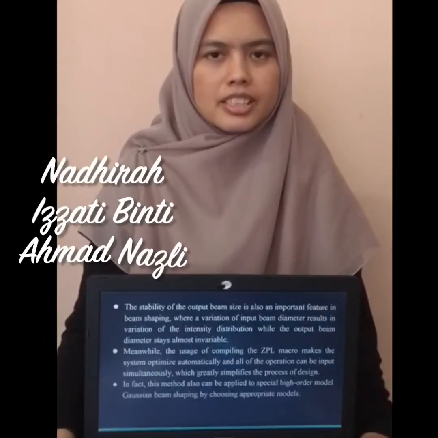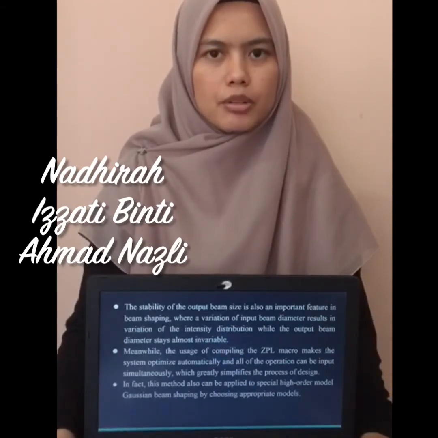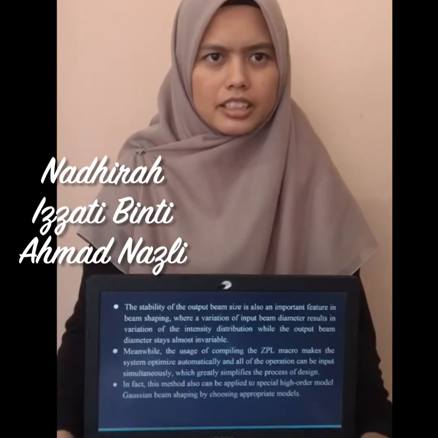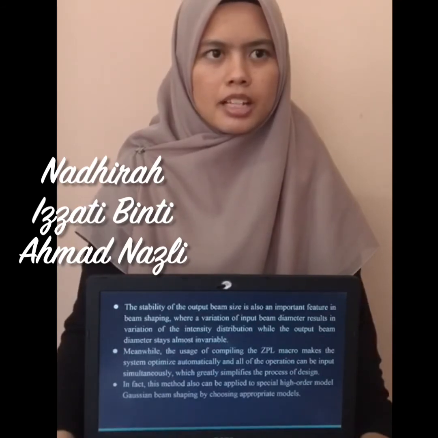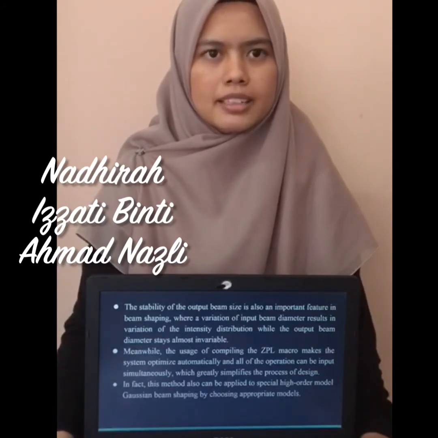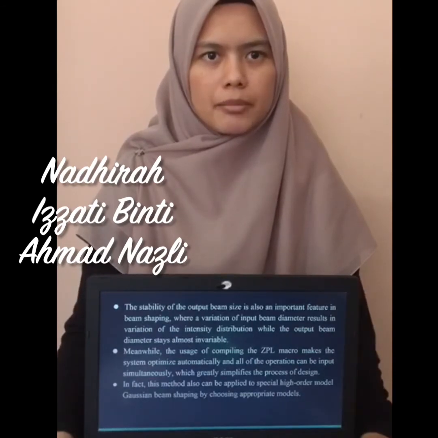The stability of the output beam size is also an important feature in beam shaping, where a variation of the input beam diameter results in variation of the intensity distribution, while the output beam stays almost invariable. Meanwhile, the usage of compiling the ZPL macro makes the system optimized automatically, and all of the operation can be input simultaneously, which greatly simplifies the process of design.